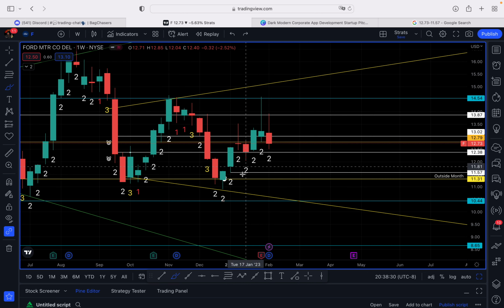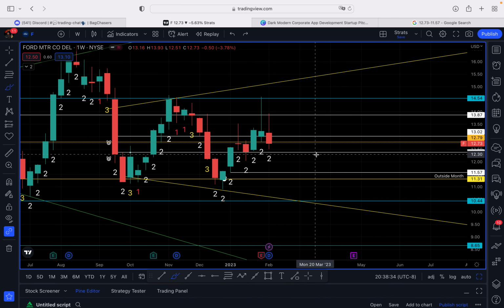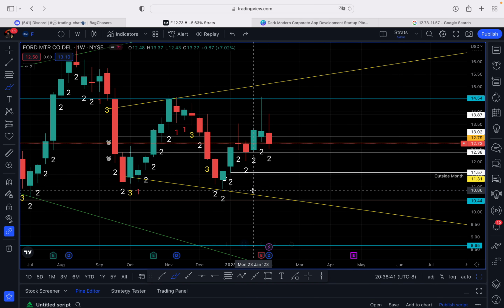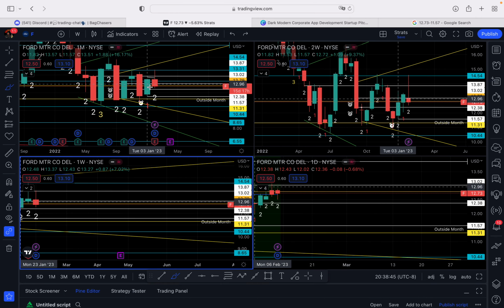And since I know that's our target on the month, I know I can go into the options chain and work those contracts. And so that's how I come to the consensus that I think Ford has the potential to go outside month, because we already triggered and reversed within the first week of the month.